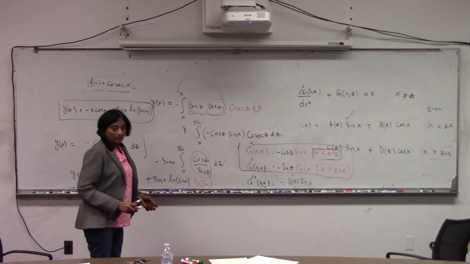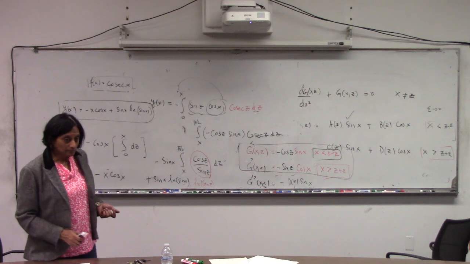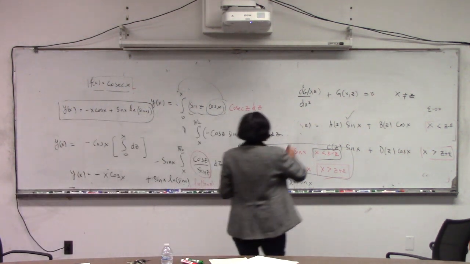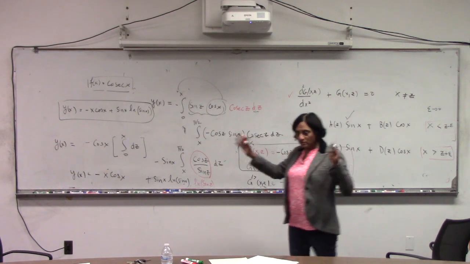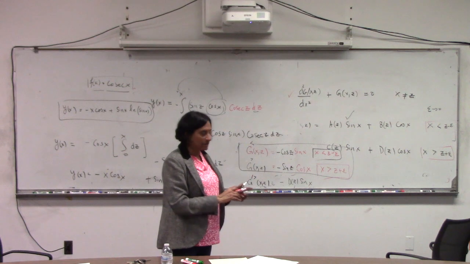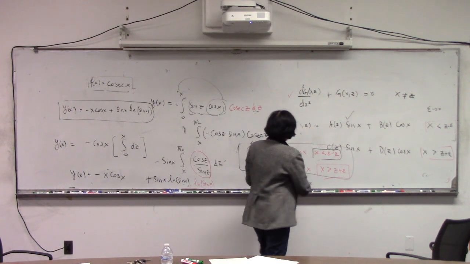Okay, is this clear? Are all the steps clear? So I'll repeat. The first thing is to write the homogeneous differential equation for the Green's function. Once you know the differential equation, you can write that and get the functional form.